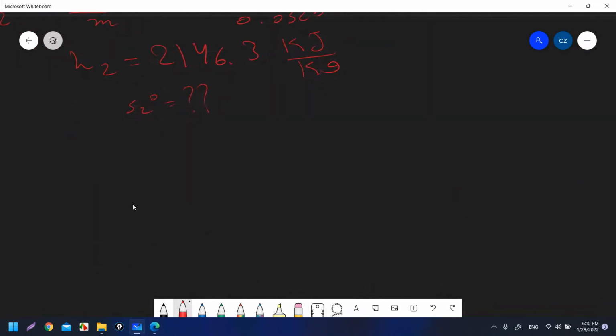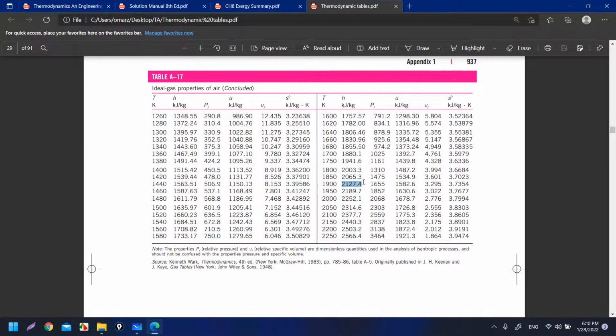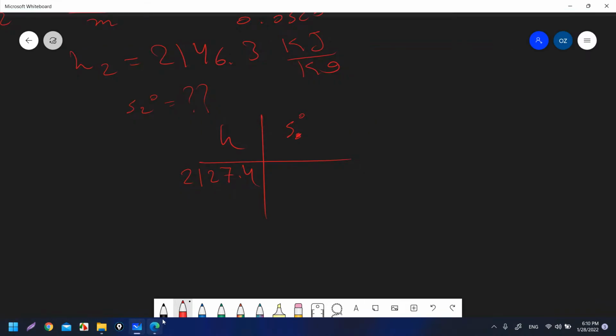It will be H and S naught. 2127.4 is the lowest value here, and that is the highest value. You will use these two because our enthalpy is between them. That is my enthalpy.